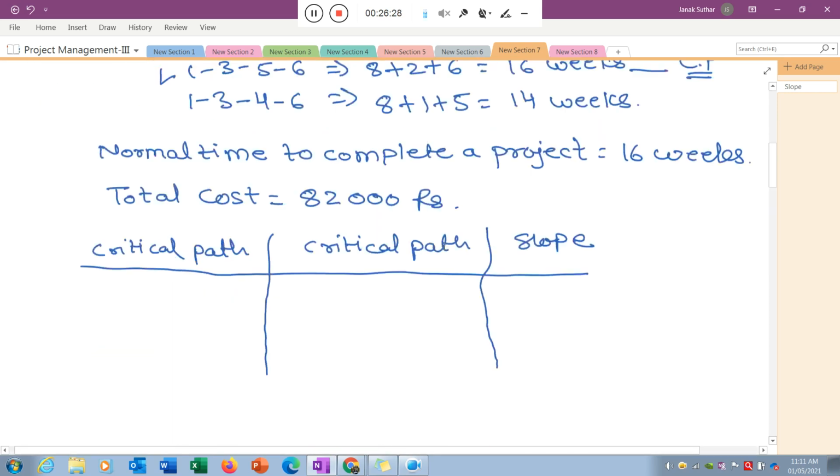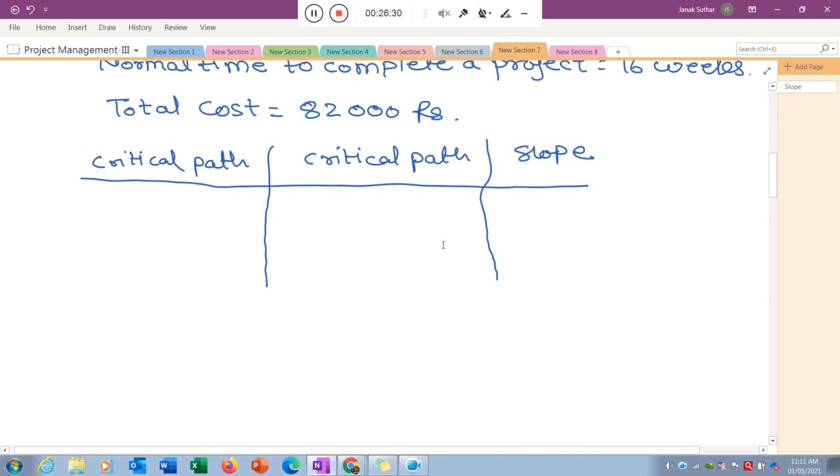So I just put here the critical path is 1, 3, 5, 6. And what are the critical activities?